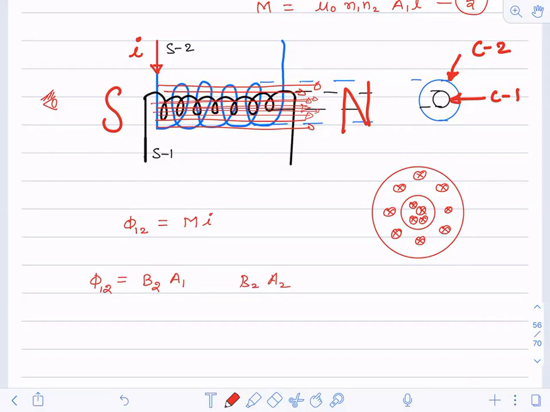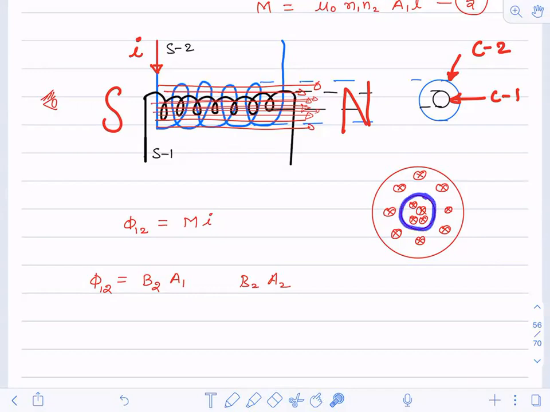Which one is correct? See here, the magnetic field is everywhere. But what is your flux? You are considering flux up to this only, na? Yes, the flux should be considered for this area only, na?